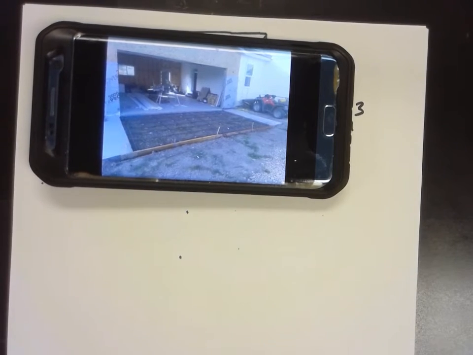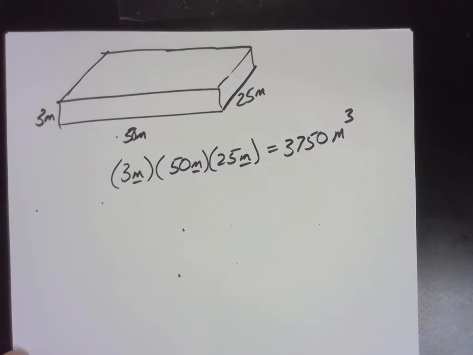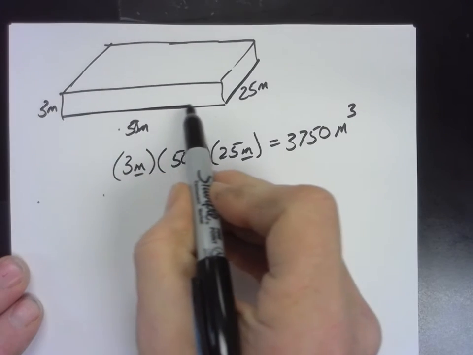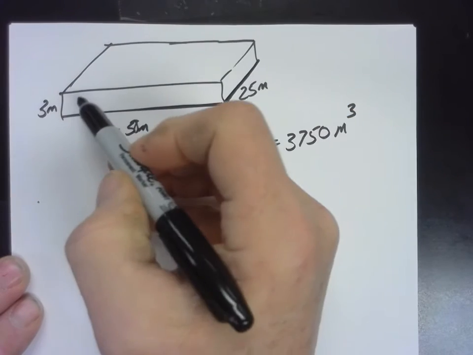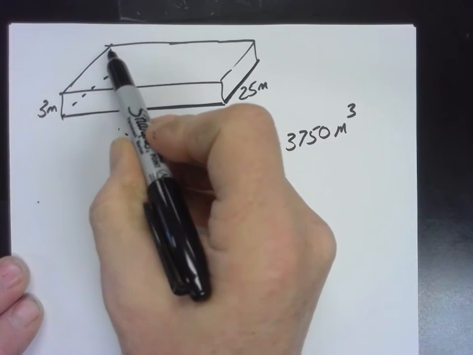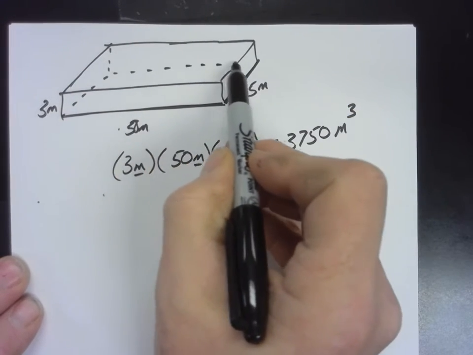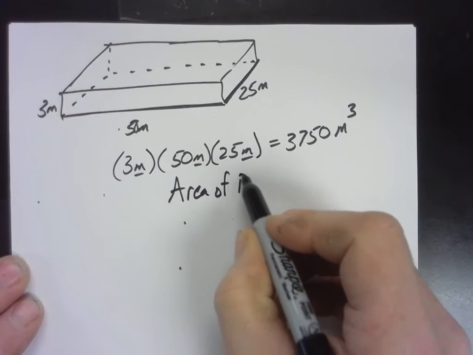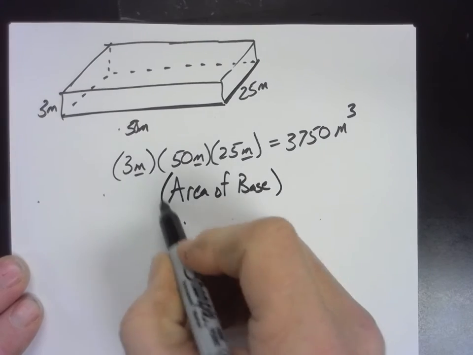So yeah, volume. So volume's pretty easy. I want you to notice something. This 50 times 25, this is what we call the area of the base of the figure.